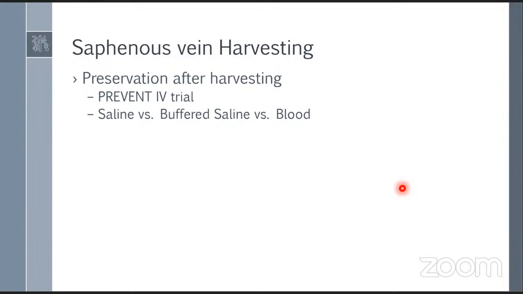While with open, you can do it almost completely without touching the vein. That's why I think endoscopic has the potential of having higher graft failure. But till now, there is no confirmed evidence. It's only retrospective analyses and systematic reviews of these retrospective analyses.